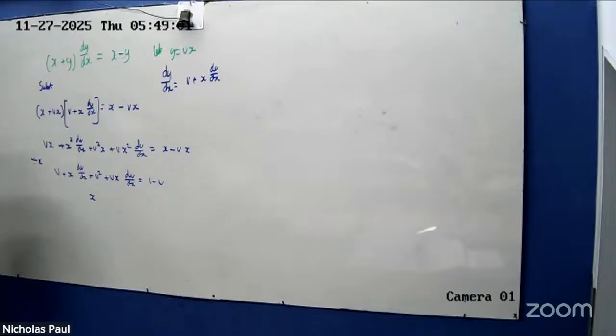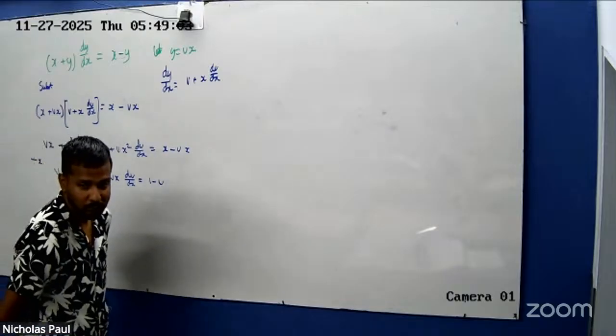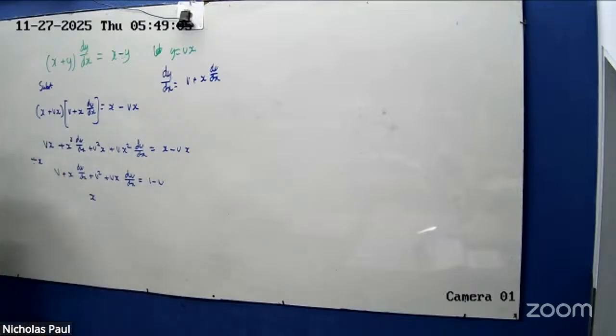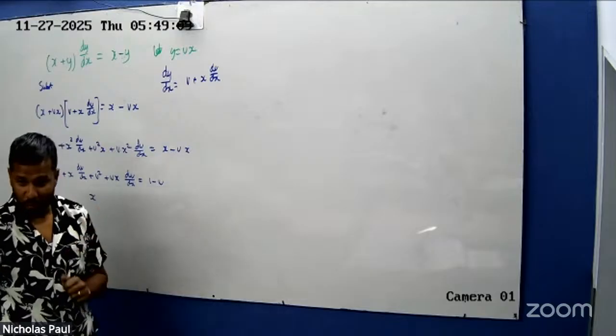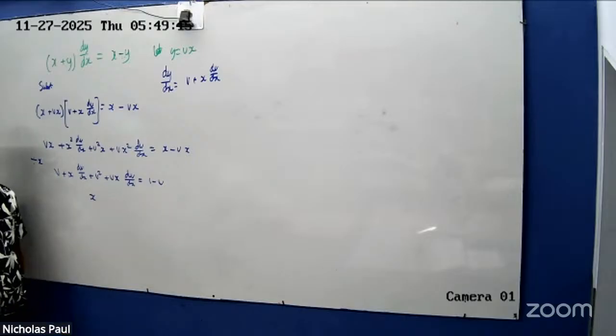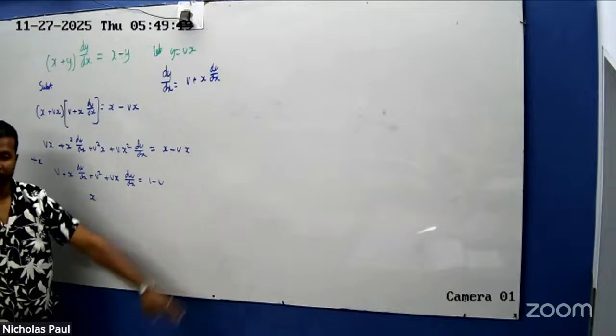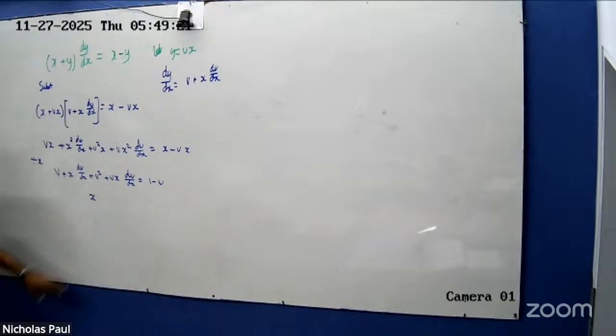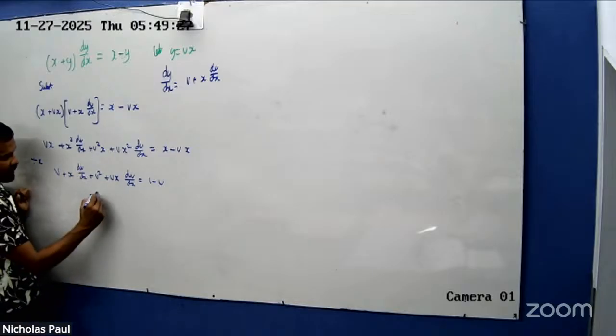Solve. You can separate variables now. So you put that on that side. You have all these here, and you have this v and this v here. Put on that side. Bring the like terms together. So here you have x dv dx.